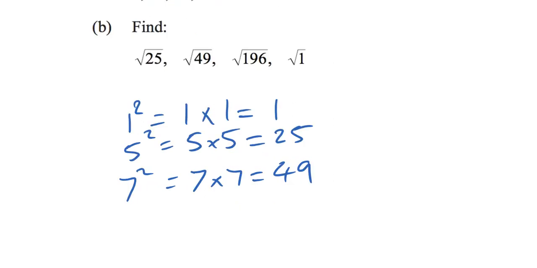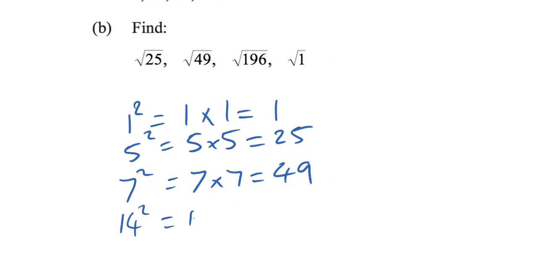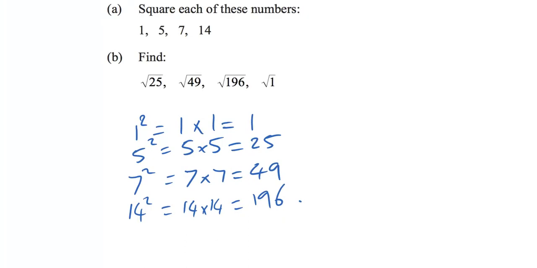And 14 squared means 14 times 14. You might not know that in your head. It's 196. Now, in part B, we're asked to find some given square roots. But these are related to part A, because if I want to find the square root of 25, well, that is going to be 5, because that means what number multiplies by itself to get 25?